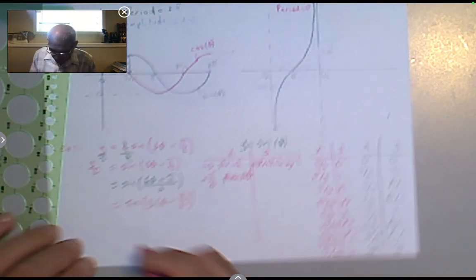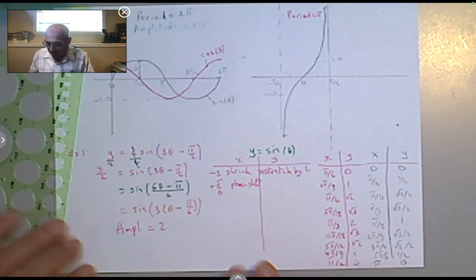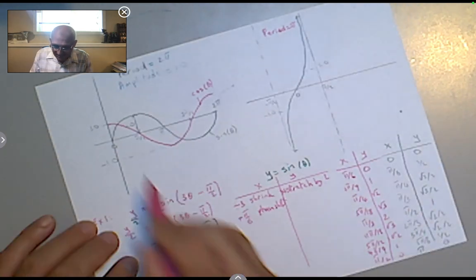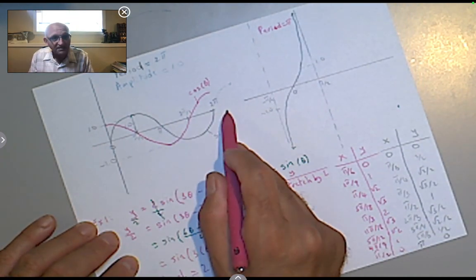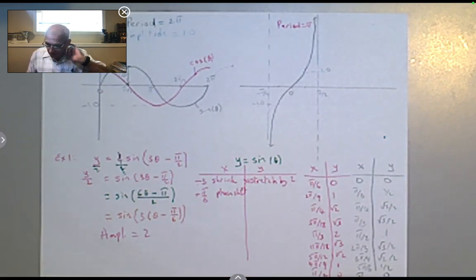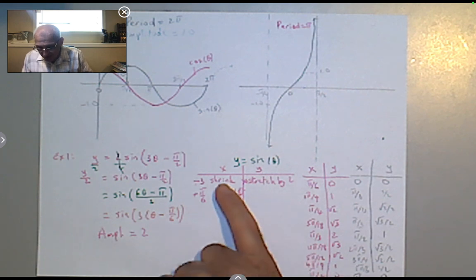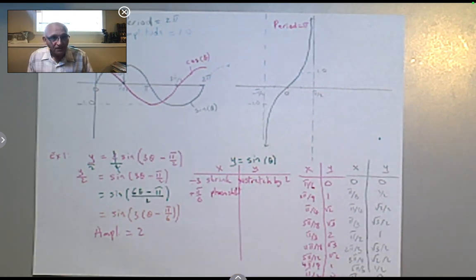So the new amplitude becomes 2. We didn't move the graph up or down, so the center line stays at 0. It's the same center line as this one. The original period was 2 pi. Here we shrank it by 3, so it becomes 2 pi over 3.